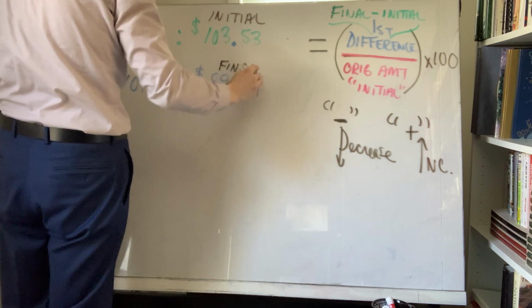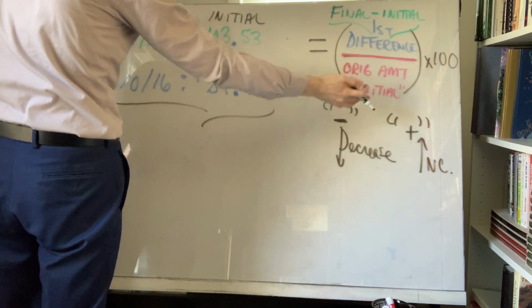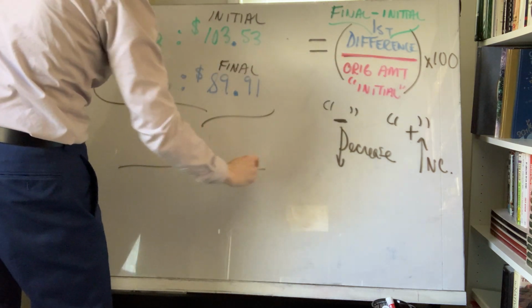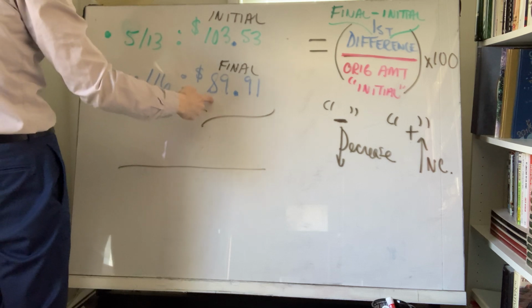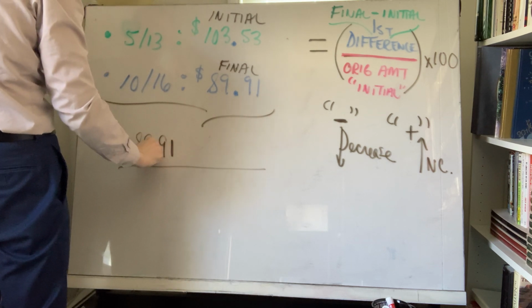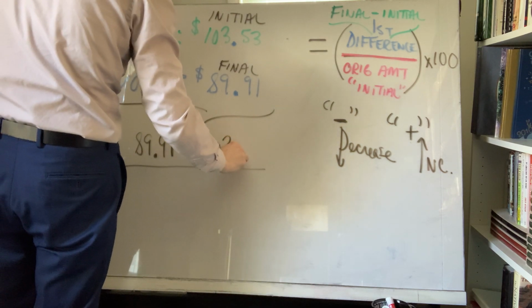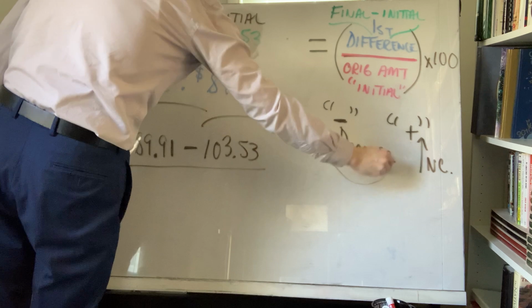This number goes in front, even if that seems counterintuitive because it's smaller. You're just going to end up with a negative, which confirms that there's a decrease.